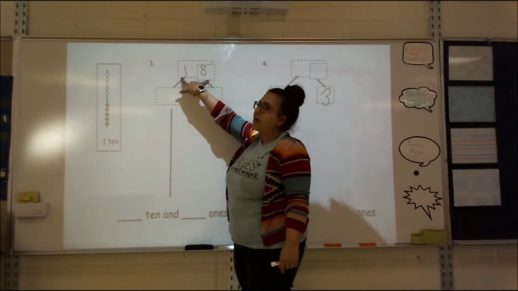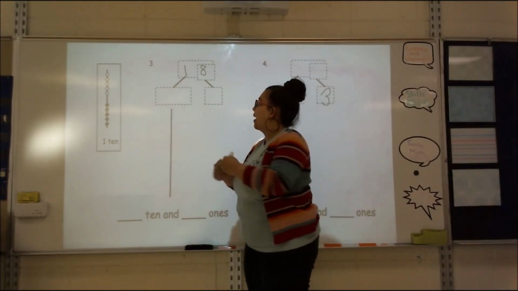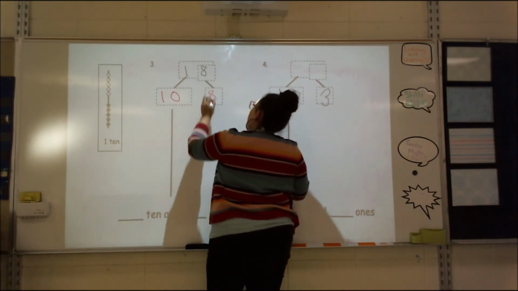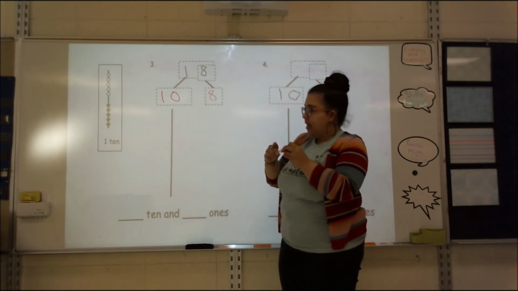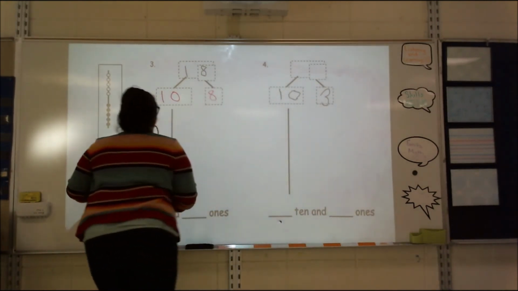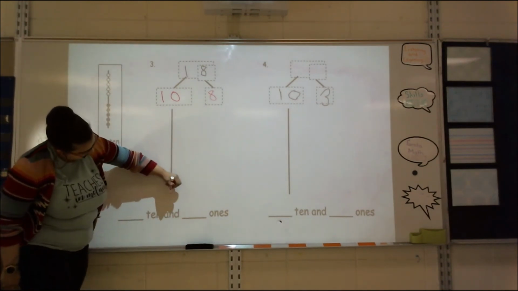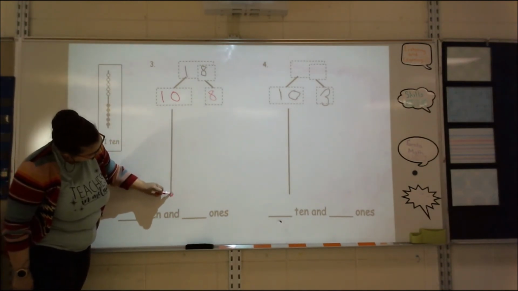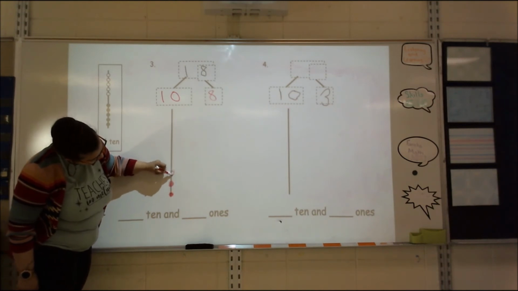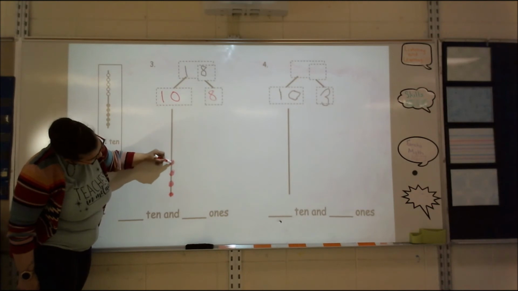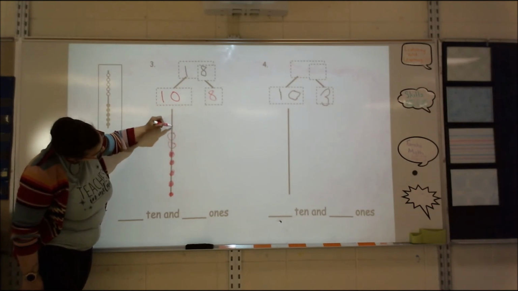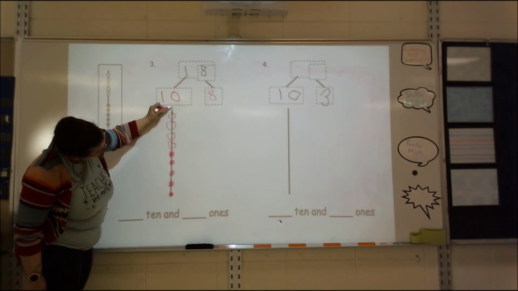They want us to break this teen number into 10 and 8. A group of 10 and 8 ones. This is set up to be our drawing space. So let's go ahead and draw this group of 10. 1, 2, 3, 4, 5, 6, 7, 8, 9, 10.